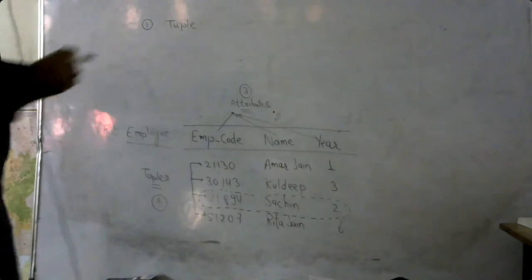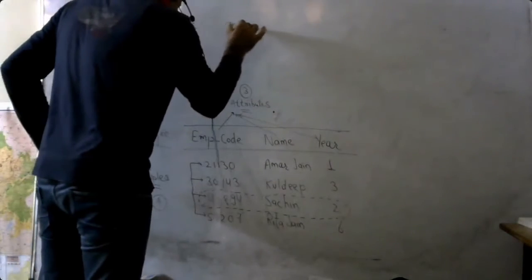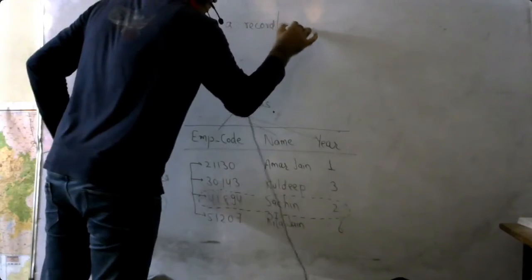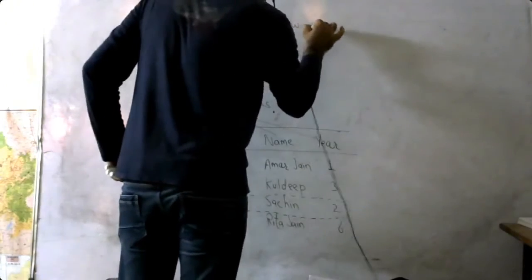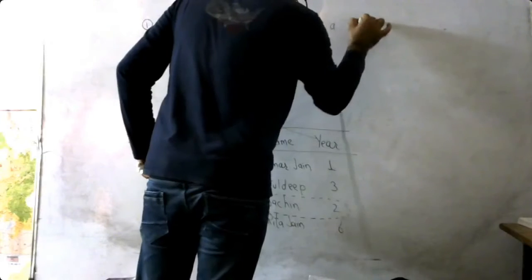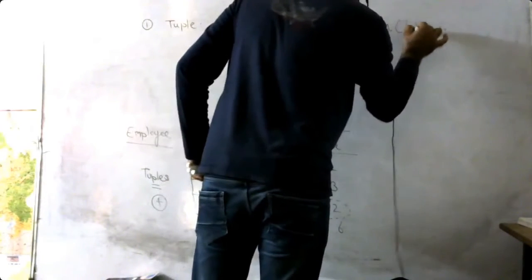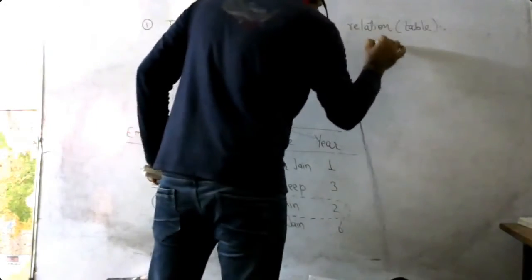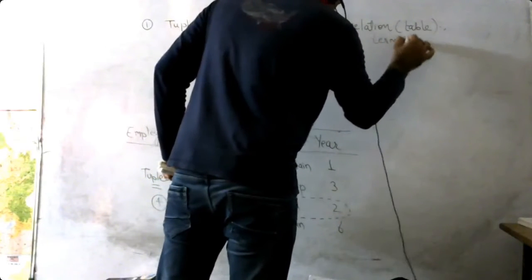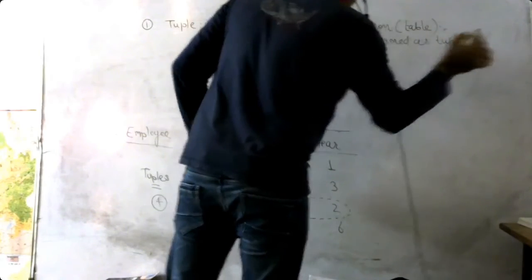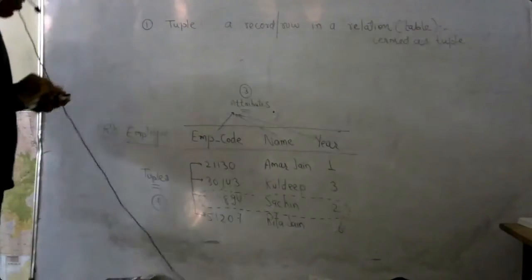A record in a relation, or we can say that a row in a relation. Relation means table. Is termed as tuple. I think you all might have understood it in a great manner.